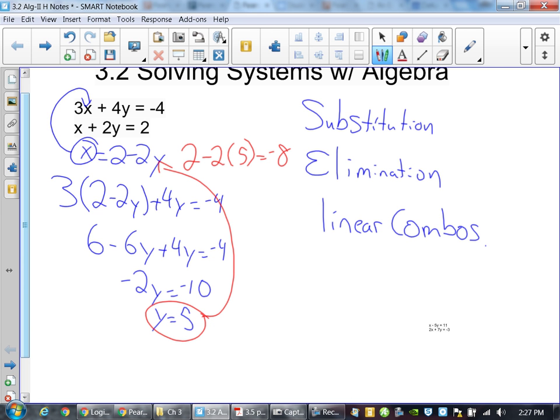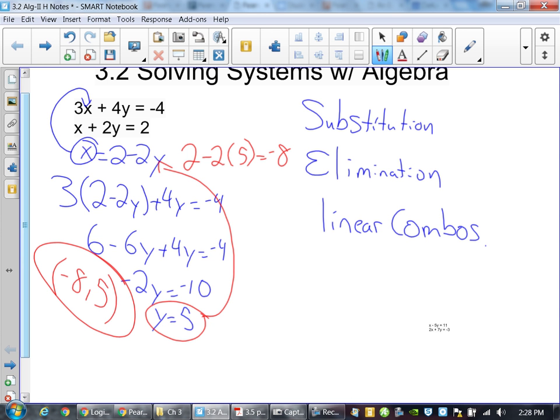When we're looking at solving a system of equations, I'm looking at basically where two lines intersect, which means my answers are always going to be ordered pairs. So my ordered pair here would be negative 8, comma 5.